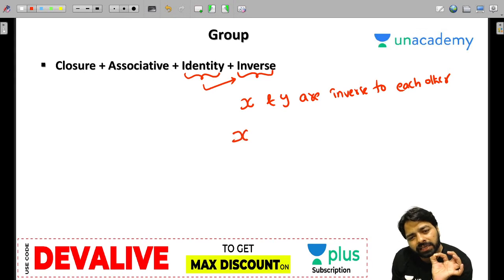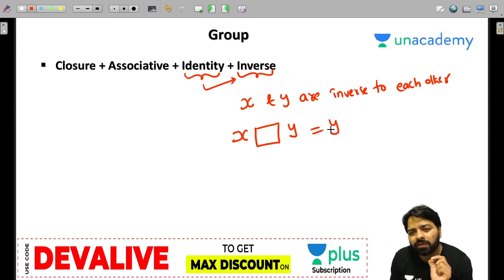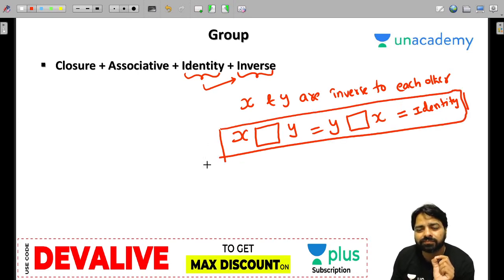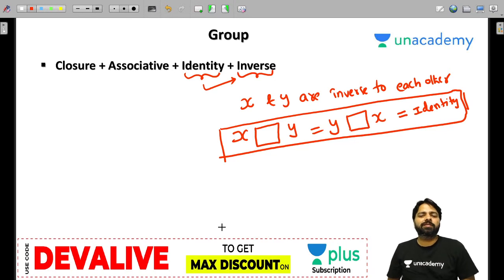Like x, apply some operation with y, or y applied with x, you should get the identity. Then we say x and y are inverse to each other, if and only if x and y, when you apply them with the operation, give the identity.